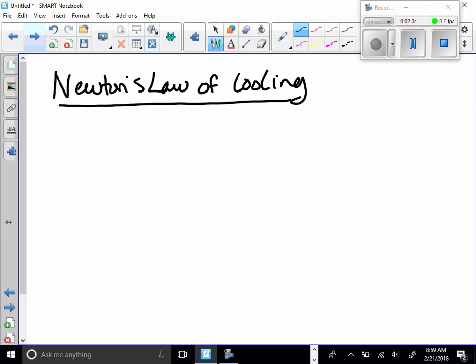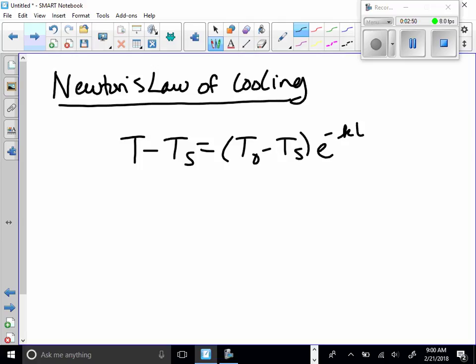It says that the amount of time it takes for an object's temperature to become equal to the surrounding temperature is an exponential function. So basically we have T minus Ts is equal to T0 minus Ts times e to the negative kt.